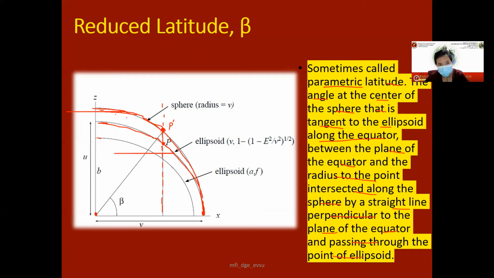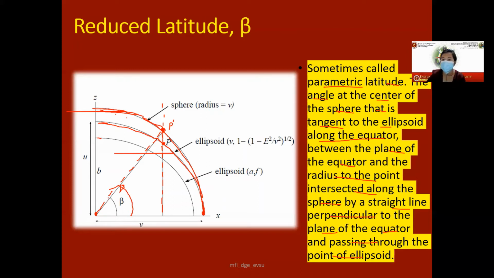If this is P prime, we create a line to the center of the sphere, and the angle created by this line is now called the reduced latitude.